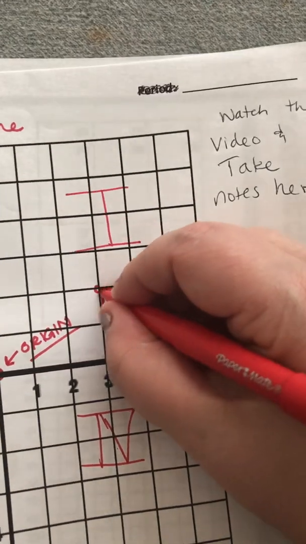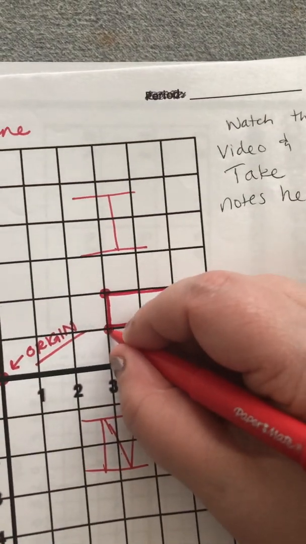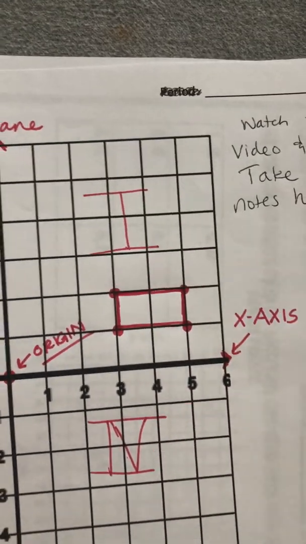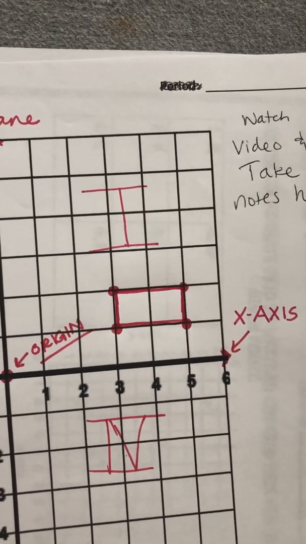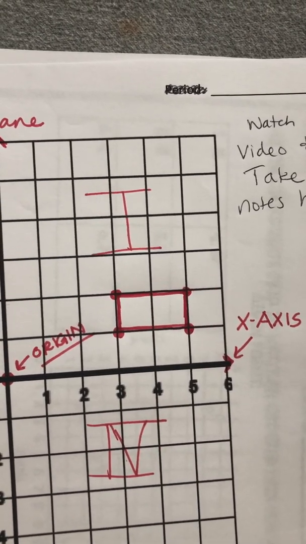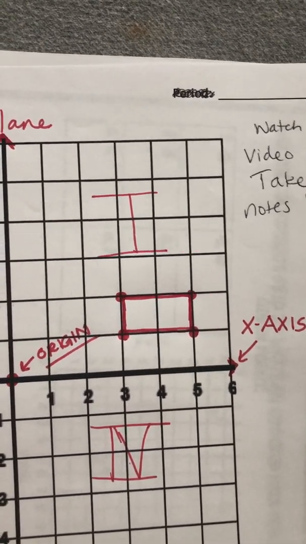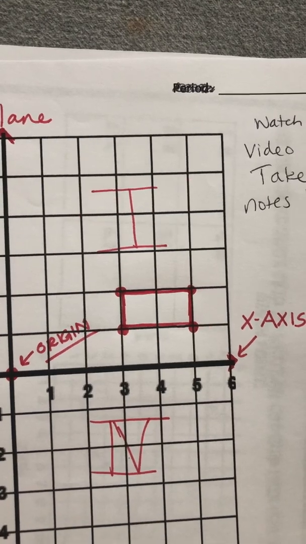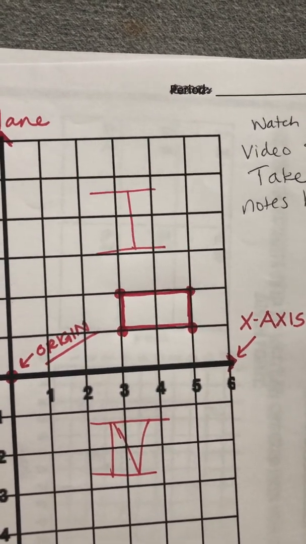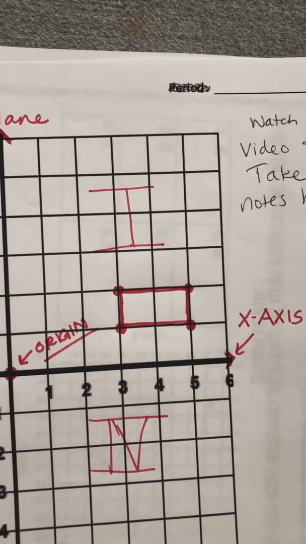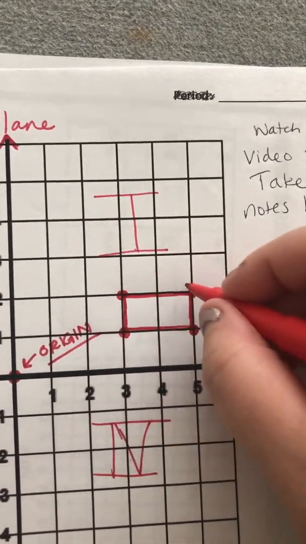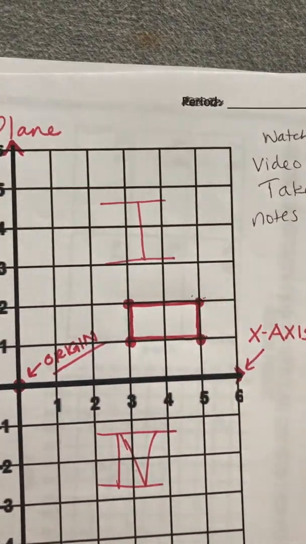It has 4 corners, 4 coordinates, and you want to know the location of this rectangle. Well, the easiest way to do that is to figure out the location of each of the rectangle's vertices. In order to do that, you find out the location of each of these spots.